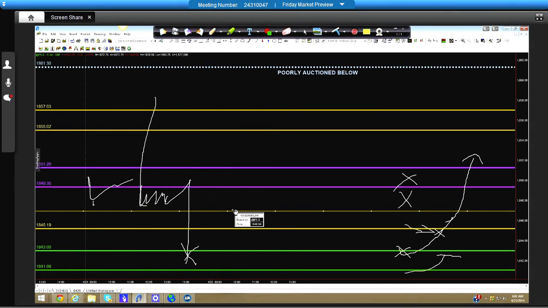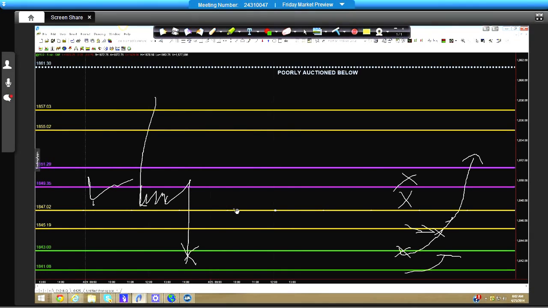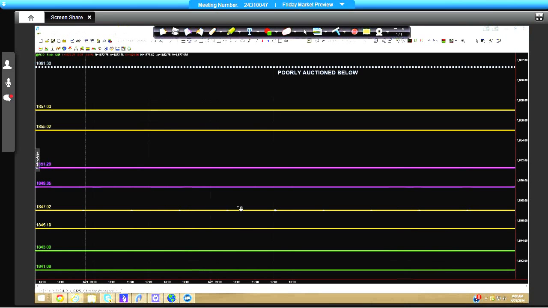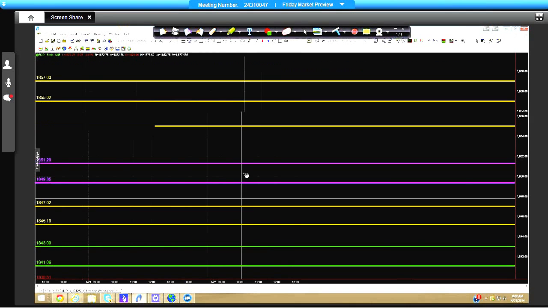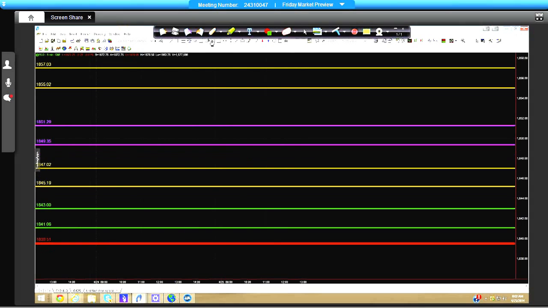This zone, by the way, is 1845 to 1847. This is the way that I'm treating this area here. Based on what the tick looks like, if we're plus or minus 500 and we're just simply dribbling down like this in the morning, I will take a long somewhere in this zone. I don't know where yet, but I will take a long somewhere in this zone.